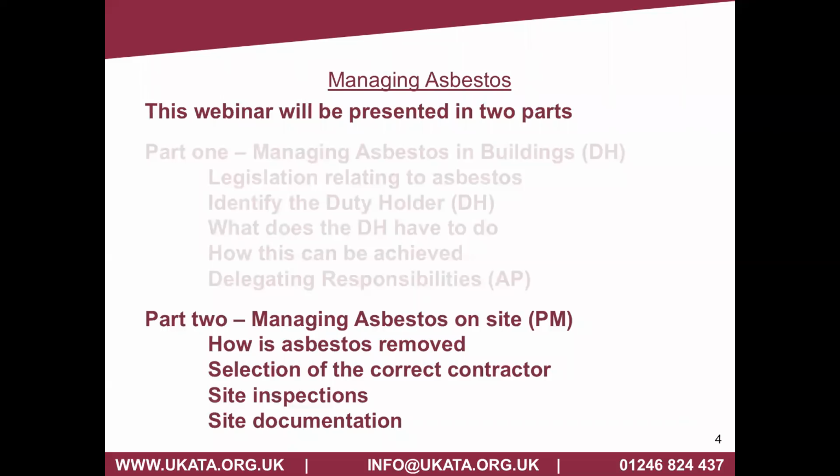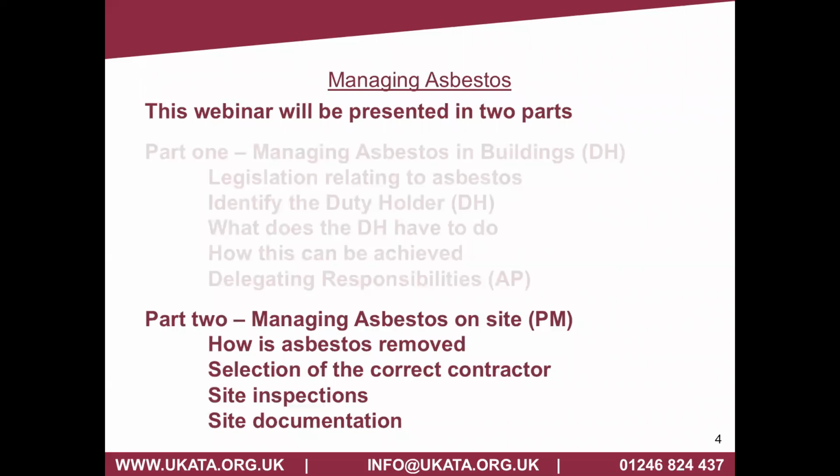Now, my reason for doing the 2 parts is that I believe there's 2 parts of asbestos management. The first part is managing the asbestos in buildings. The second part is, once we've determined the asbestos that may need to be removed or repaired or any remediation works, we've then got to appoint the relevant contractors to undertake this work.